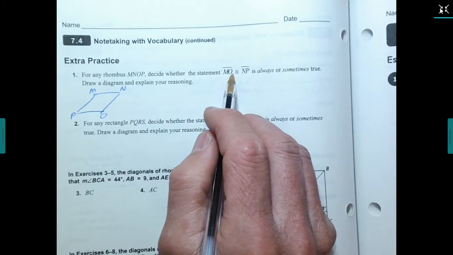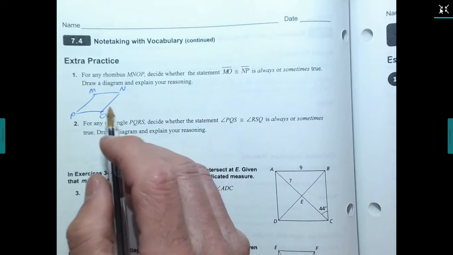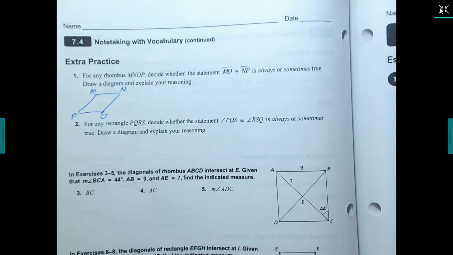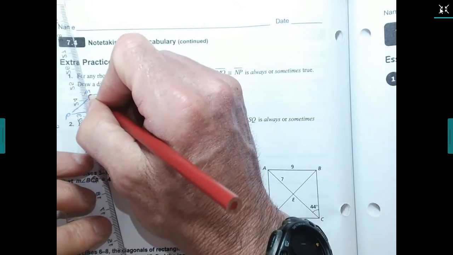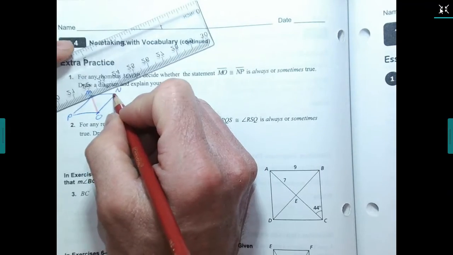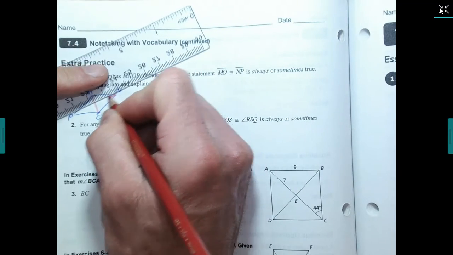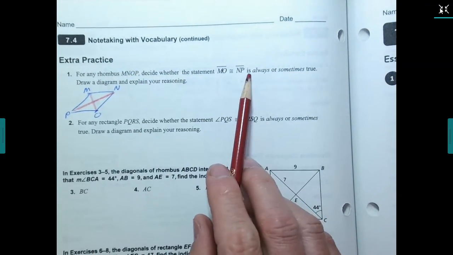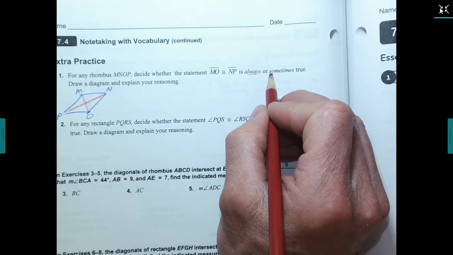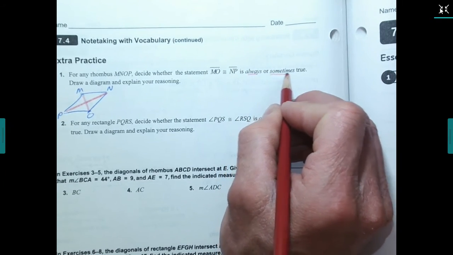Decide whether the statement MO is congruent with NP. Is MO congruent with NP? Always or sometimes true?